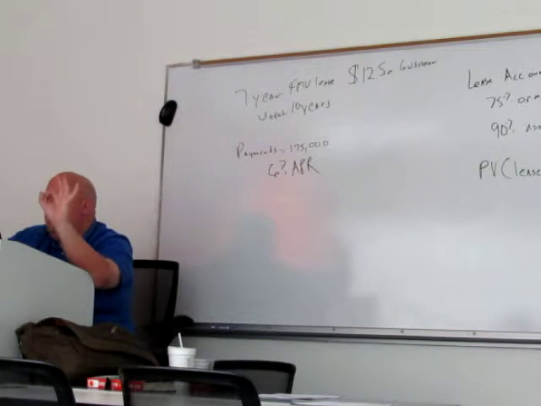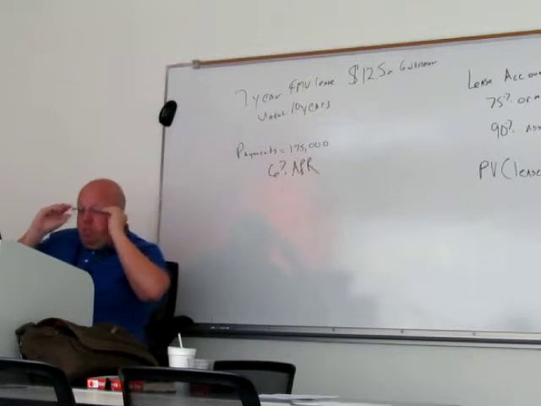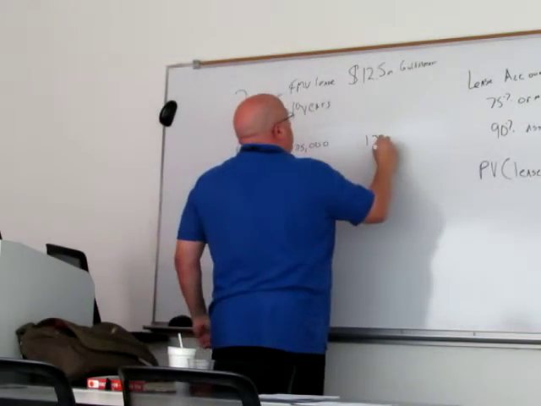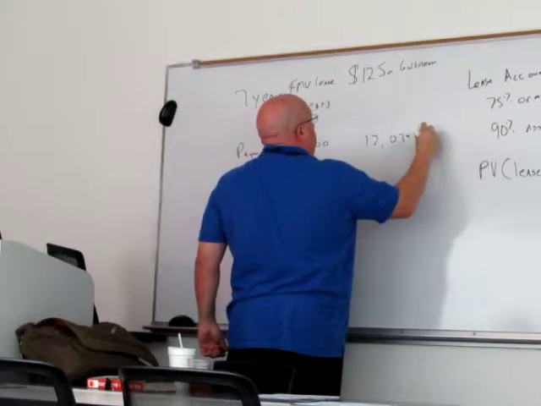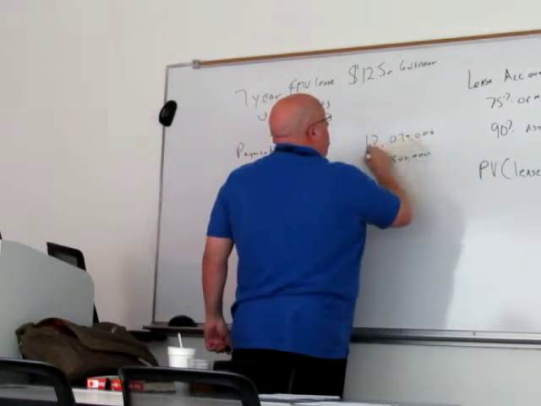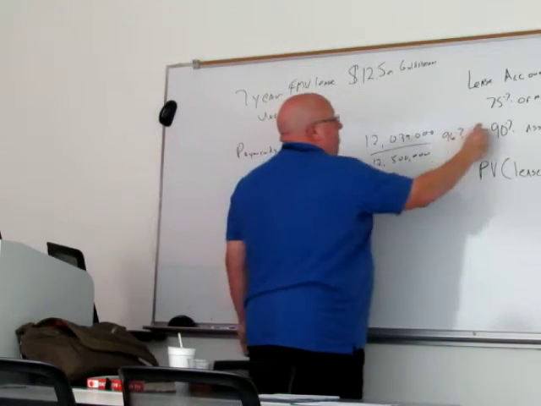Payment now. And we're going to use our future value as 0. Okay? So that should come out 96%. Take the 12,039 and change, divided by the 12.5. That gives me 96%.